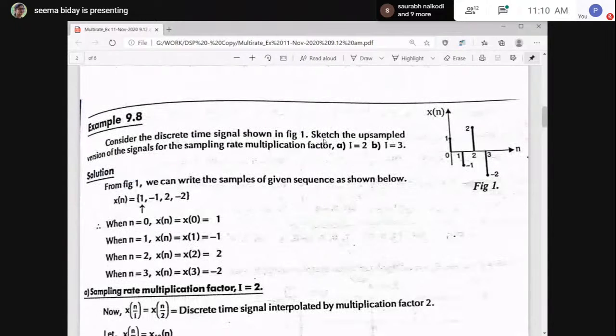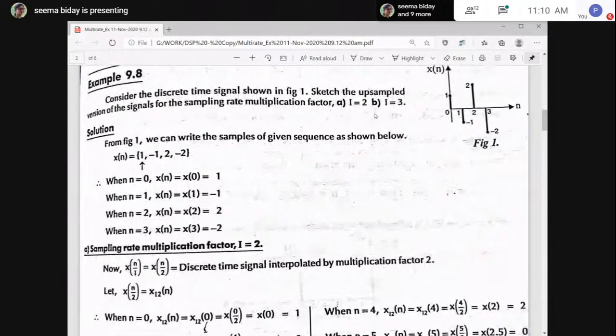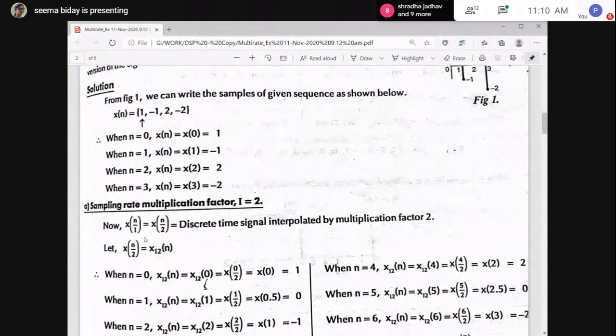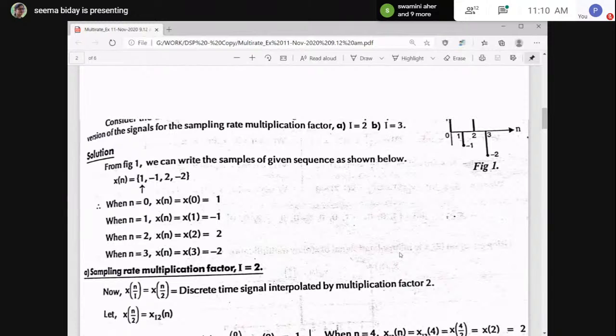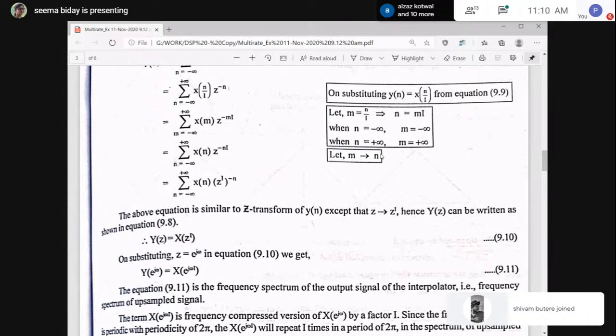This example also we have solved: interpolation by a factor of I equal to 2, I equal to 3, etc. And mathematically also how to do it, n by I, and how to draw this. I am just revising what we have done last time, because it is a gap of, I think, more than 8 days.